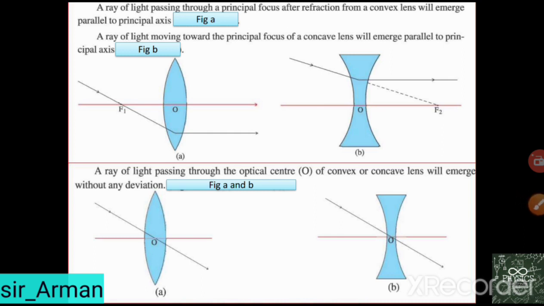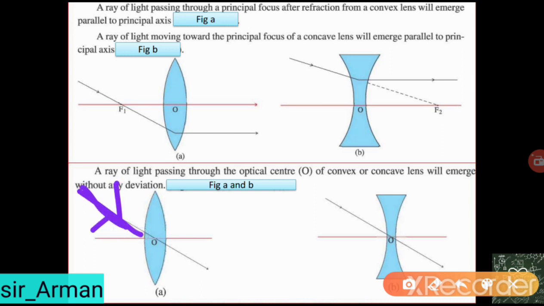And the third case, which is very simple, is very similar in both cases. A ray of light passing through the optical center of a convex or concave lens will emerge without any deviation. Means the ray will not deviate at all. So here the ray is directed towards the center, and after refraction it will go without any deviation. It is like the center of curvature in case of the concave and convex mirror.